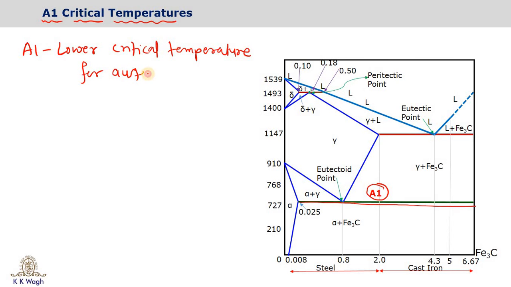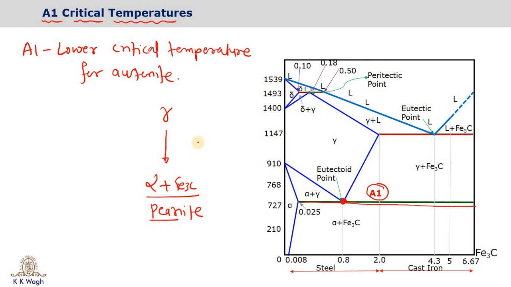Why? Because we can observe that on this lower critical temperature line there is a eutectoid point, and by the eutectoid reaction the gamma is transformed to alpha plus Fe3C. This alpha plus Fe3C is called pearlite, right?